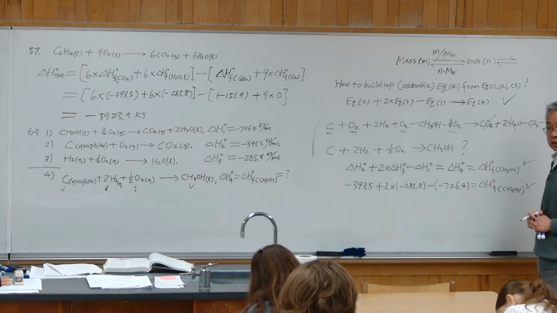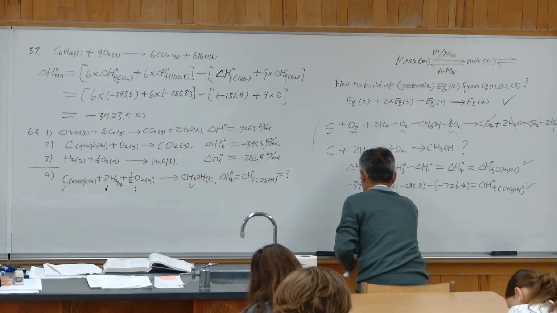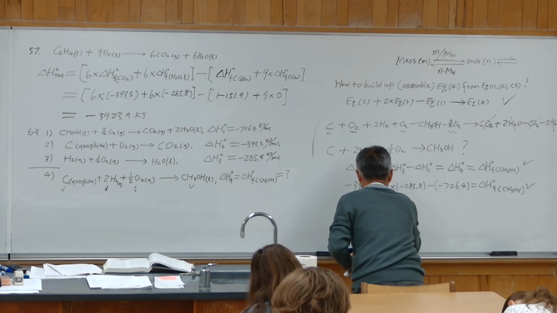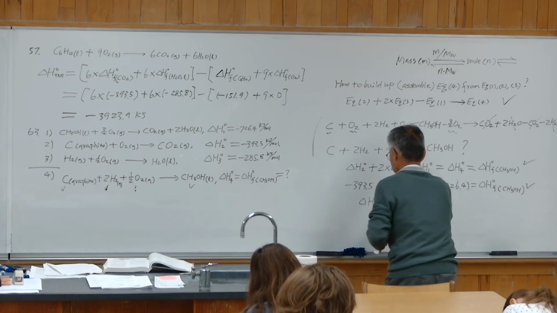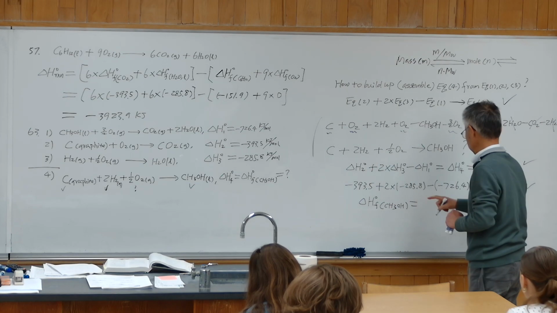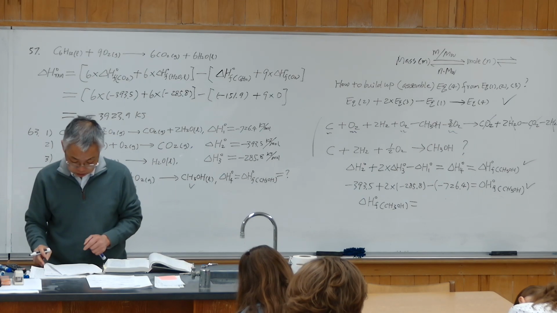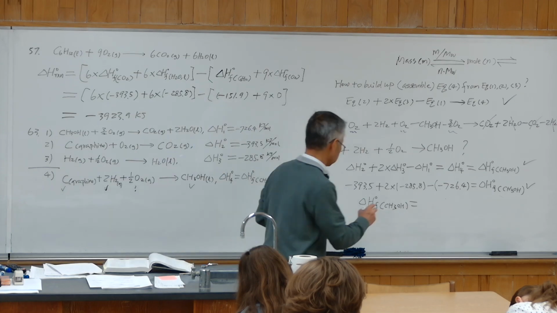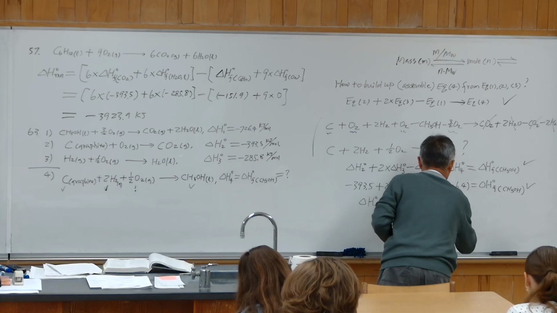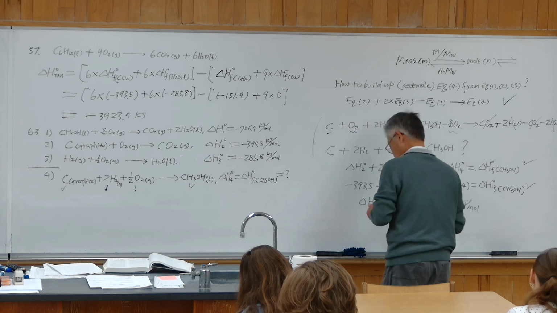This is the third step. Then just give the answer. From here, use your calculator. You can easily get the final answer: this plus this minus this. Final answer will be negative 238.7. Unit is kilojoules per mole.